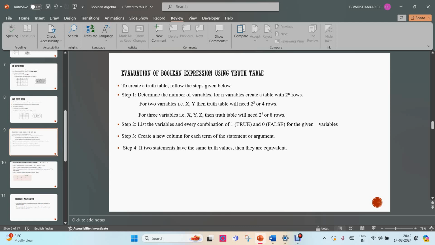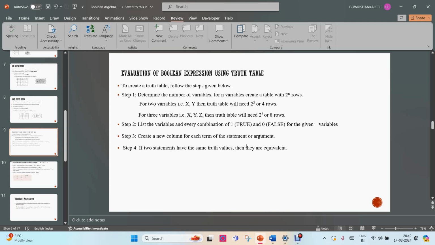Then list every combination of 1 and 0, true and false, for the given variables. Create a new column for each term, statement or argument. If two statements have the same truth value, then they are equivalent.